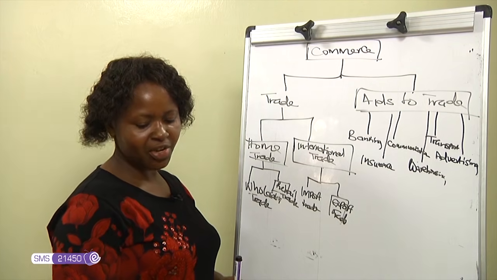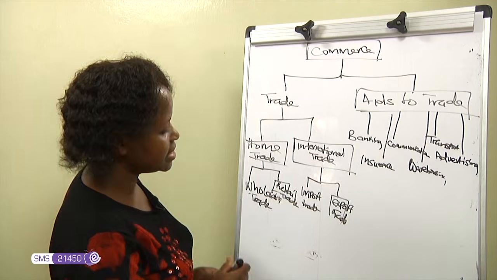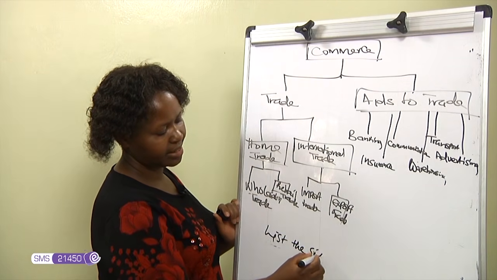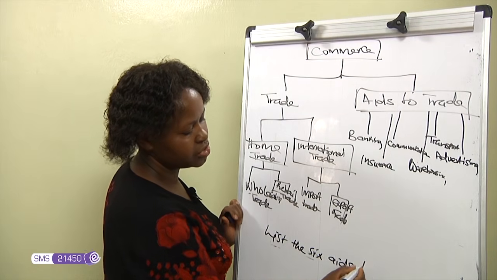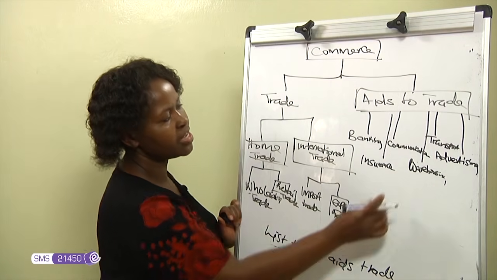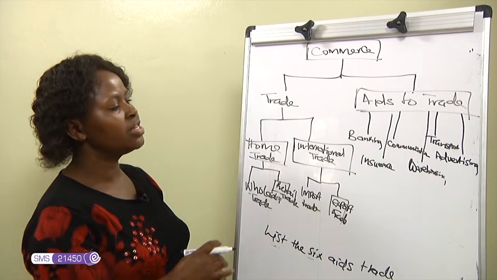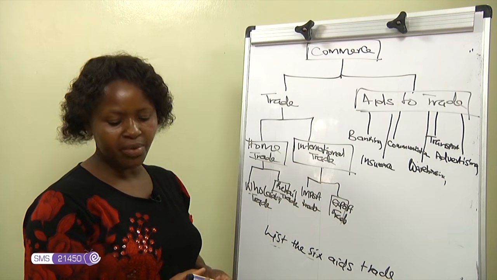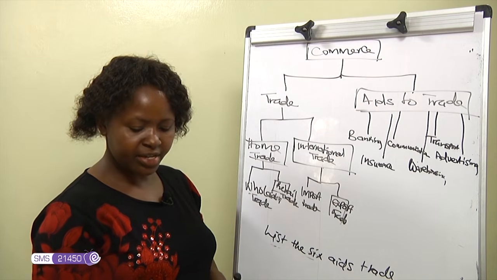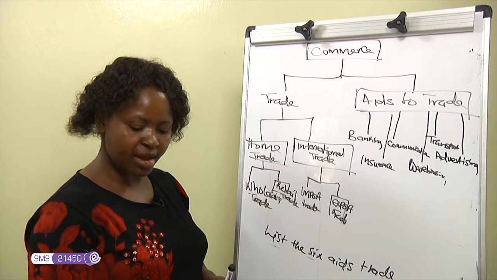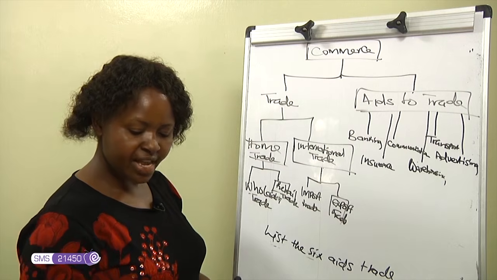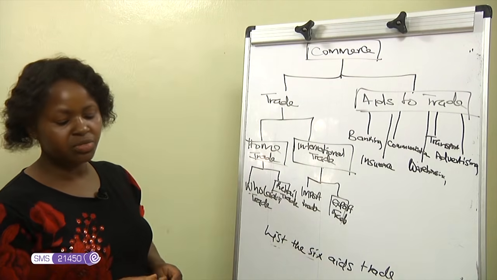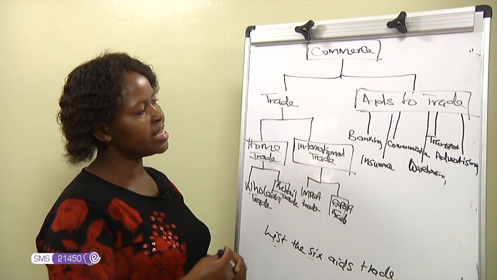Our dear viewer, you may also be required to list the six aids to trade, which we have mentioned here: banking, insurance, communication, transport, advertising, and warehousing. In relation to this, we may also have to define what commerce is, and this is used in relation to trade and aids to trade.